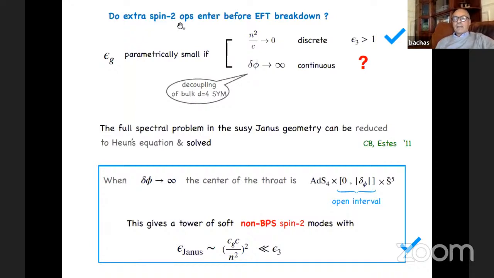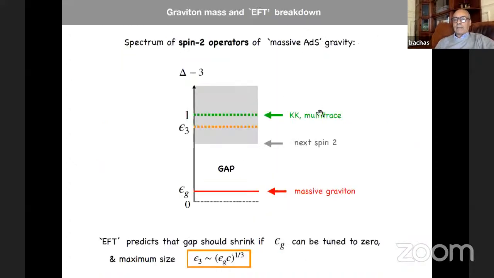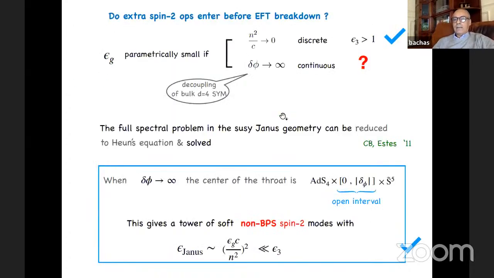So now you can ask the question, what about breakdown of EFT? If I make epsilon g parametrically small, where is the new tower of spin 2s coming down from? Now, you can try to make this parameter arbitrarily small, but this doesn't work because n, the rank of the mediator, is quantized. And you can see that epsilon 3 is always bigger than 1, which anyways is our breakdown Kaluza-Klein scale.